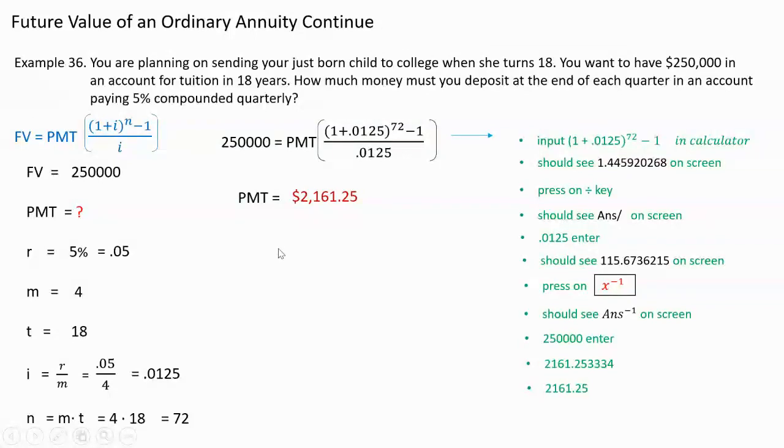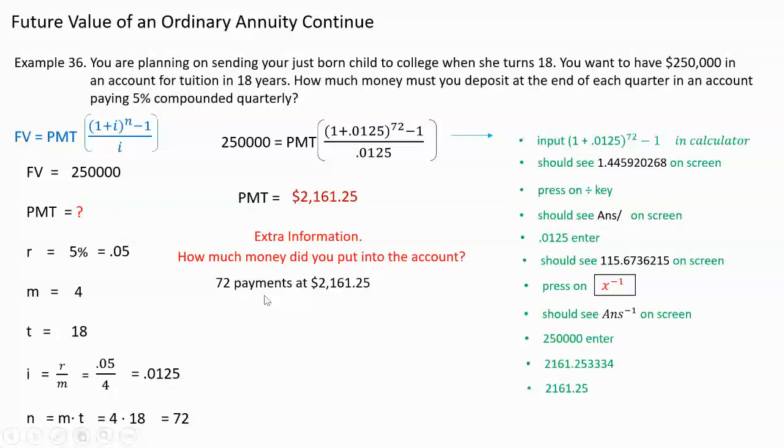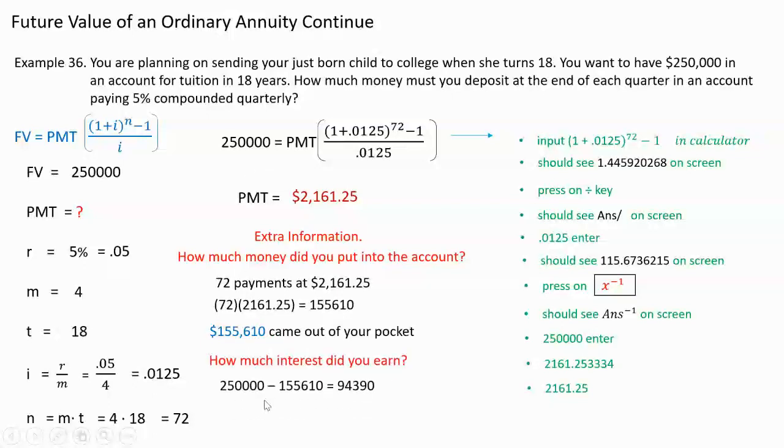Now let's see how much money came out of your pocket. This is extra information. You made 72 payments of $2,161.25. You can multiply those two, so we get 155,610. We subtract that from the total money you got, which is the 250,000.